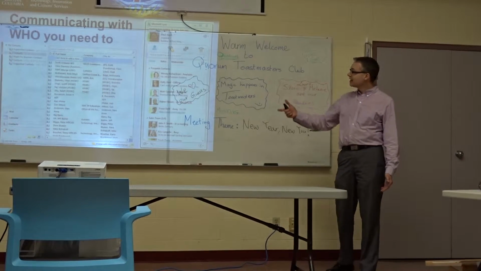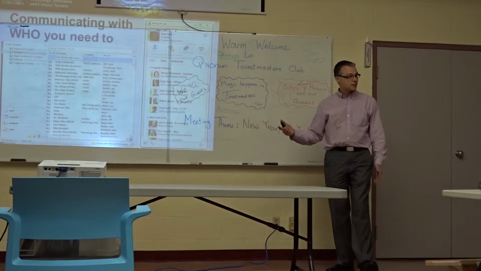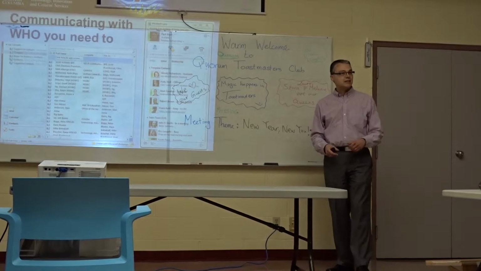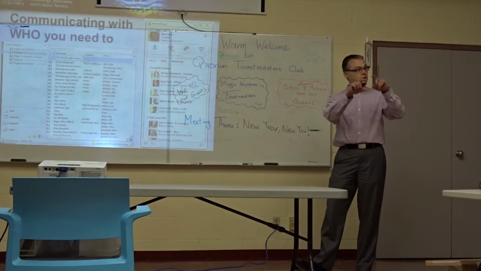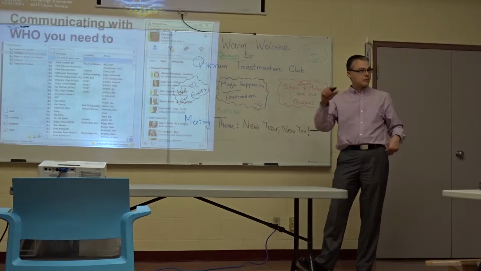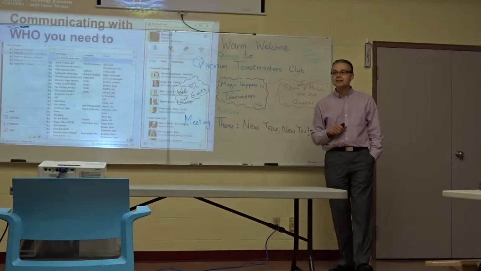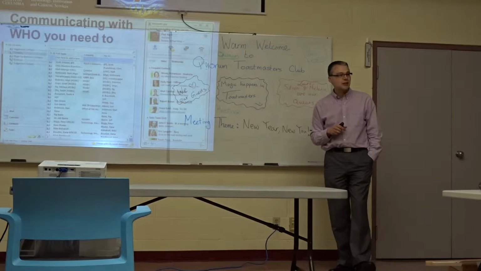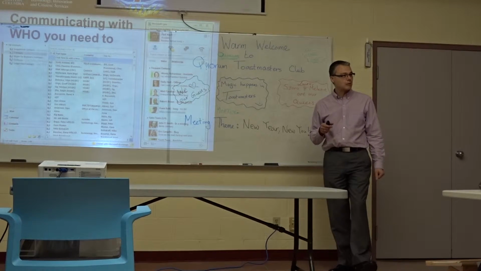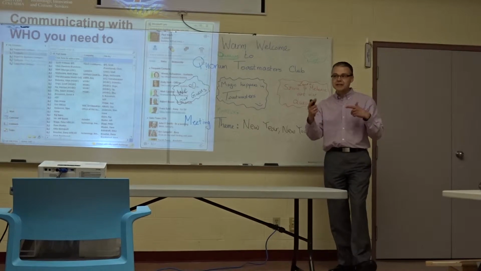And because it's integrated with the rest of Office, I can get an email from somebody, it says who it's to, and it'll list all the people that it was sent to. I can see who's available. I want to ask them a question, so I'll just click on their name and send them a message and ask them something about their email. Right away, we're interacting back and forth.